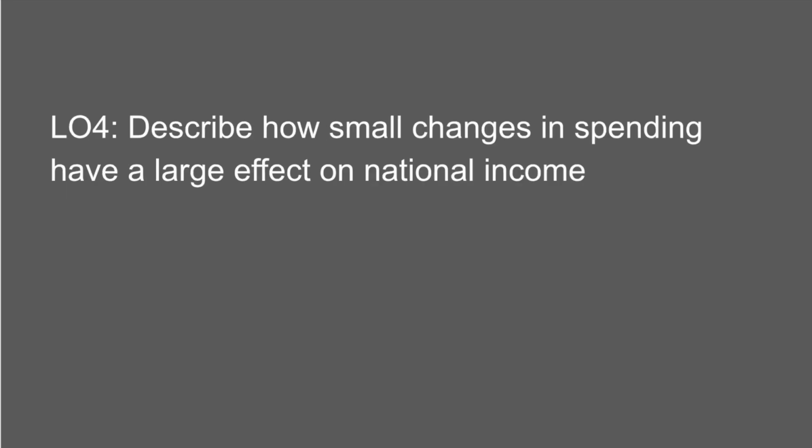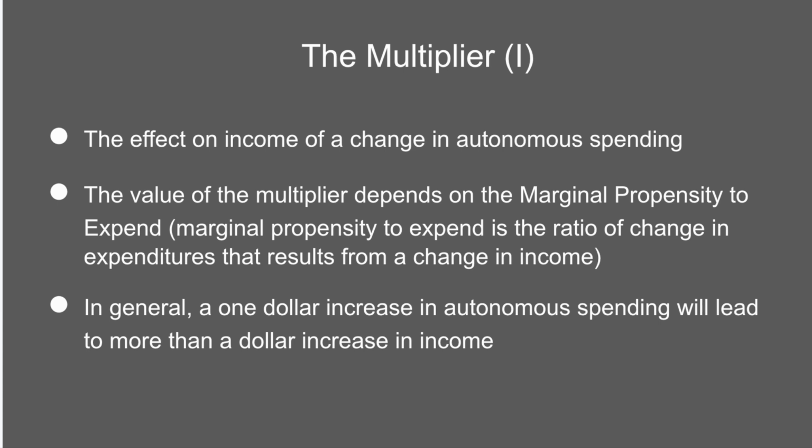The fourth learning objective looks at small changes in spending and how they can have a big impact on national income. Here we're talking about what economists call the multiplier effect. You could think of the multiplier effect as a lever, where a given change in spending will have a significant impact on how well the economy is doing.